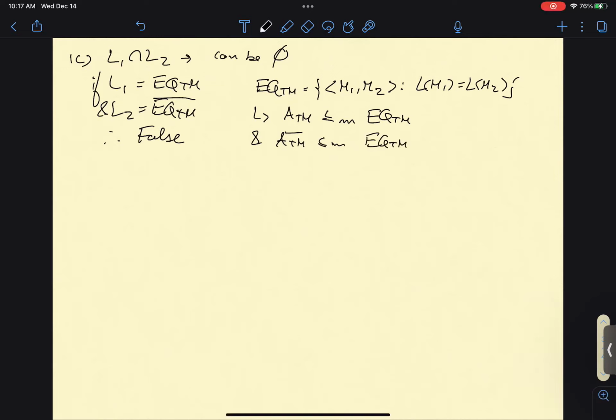So ATM is not, what is it not? CE or CoCE? ATM is CE, right? So this is not CoCE. And so this is not CE, right? So this being not CoCE means that this is not CoCE. And then this being not CE means that this is not CE, right?